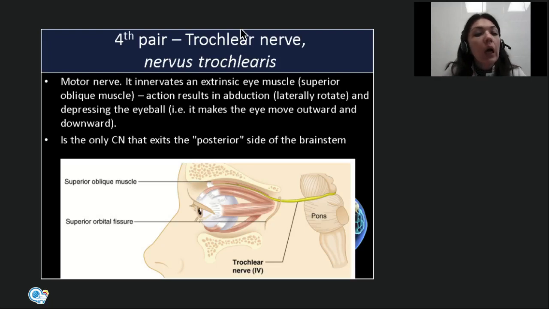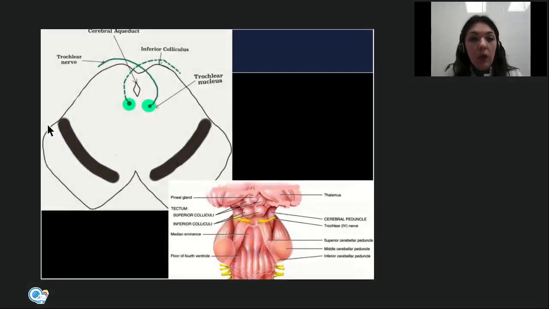That's true. Yes. So it is the only cranial nerve that exits on the posterior side of the brainstem. There is only one nucleus in this nerve, a motor nucleus, and it is located in the midbrain at the level of the inferior colliculi, and roots of this nerve arise at the level of the superior medullary velum, the frenulum of the superior medullary velum.